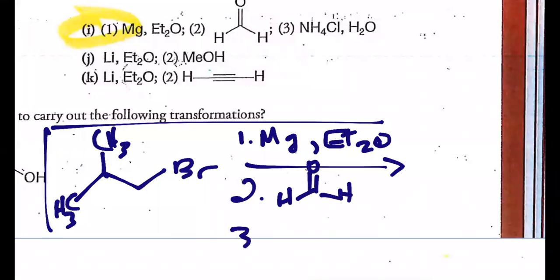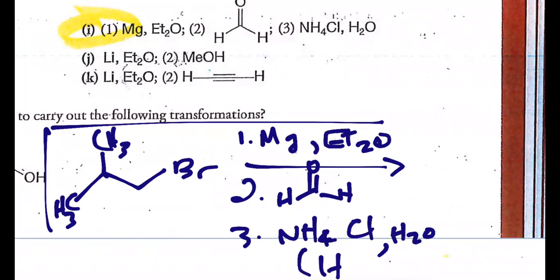The directions are telling us to react with this. Then you add ammonium chloride and water. That's where your H+ is going to come from. So this is what you call a reaction sequence.